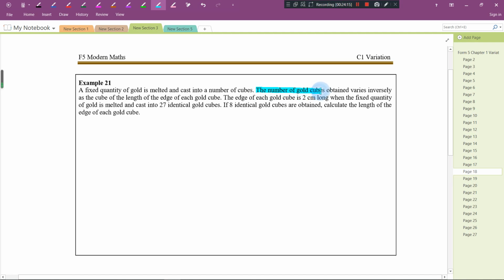The number of gold cubes obtained varies inversely as the cube of the length of the edge of each gold cube. It looks quite confusing, right? Okay, so I just let the number of gold cubes be n, and the length of the edge of each gold cube is L.